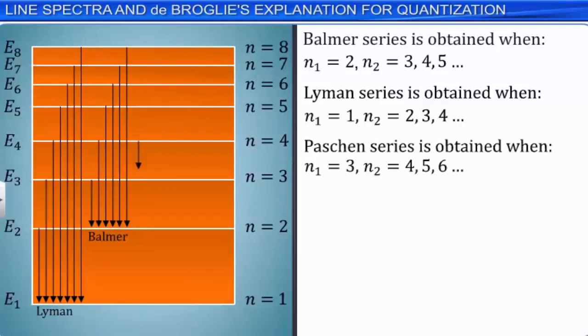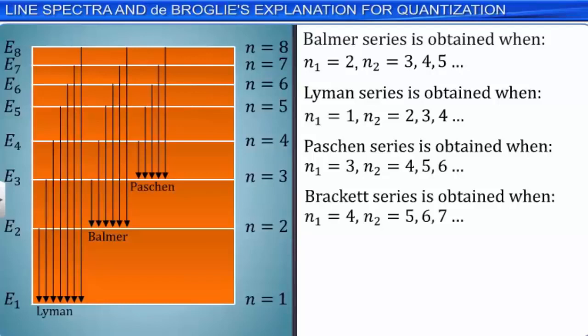When n1 is equal to 4 and n2 is equal to 5, 6, 7 and so on, we get the Brackett series. Similarly, when n1 is equal to 5 and n2 is equal to 6, 7, 8 and so on, we get the Pfund series.